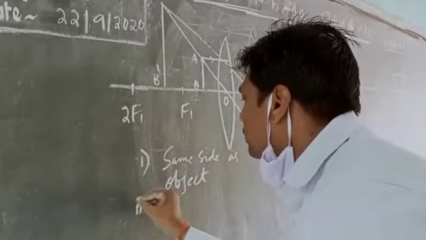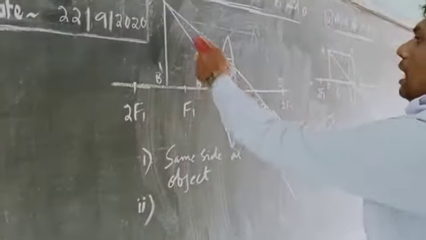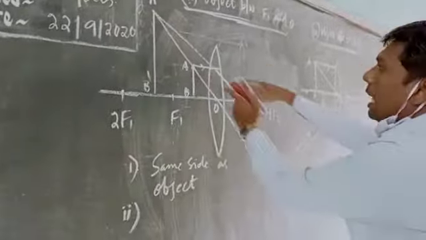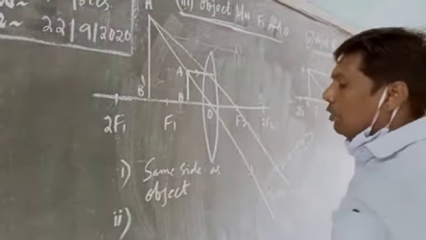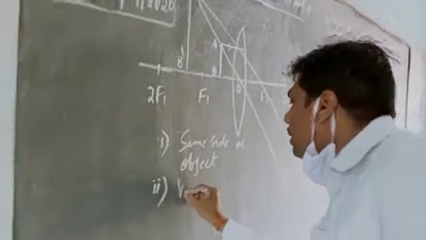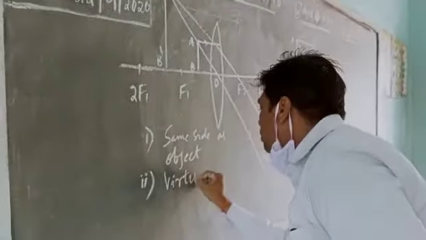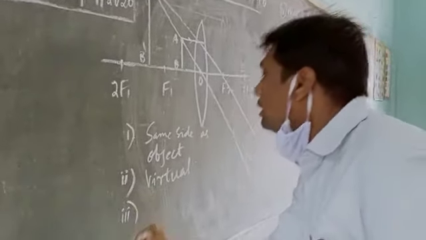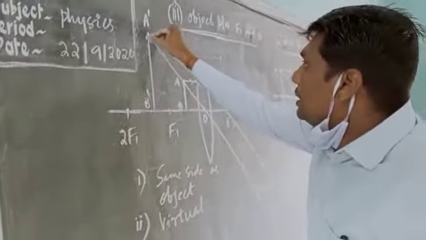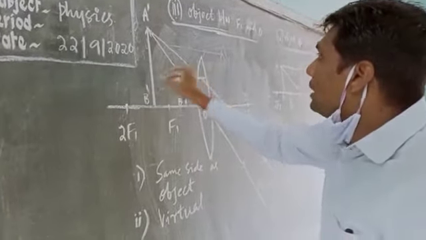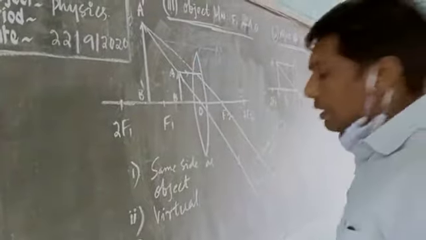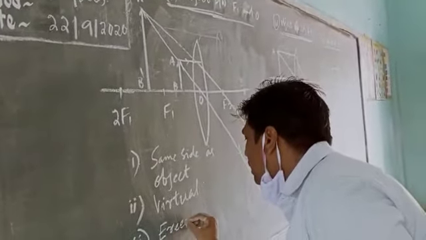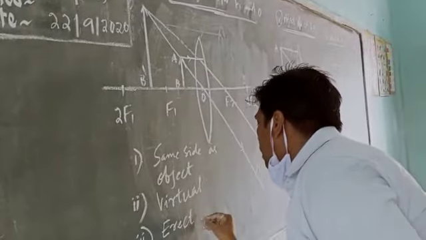And second, because these rays do not actually intersect each other but appear to meet, this is a virtual image. And third, because the image is virtual, it is an erect image.